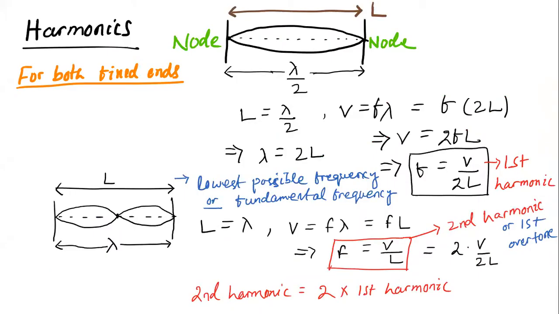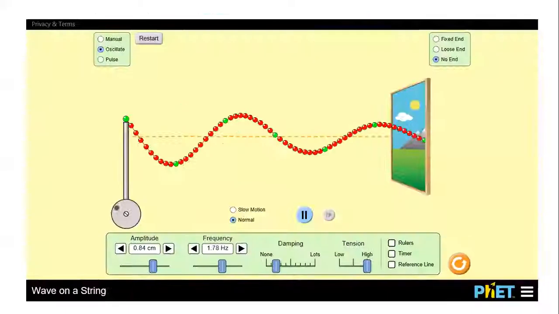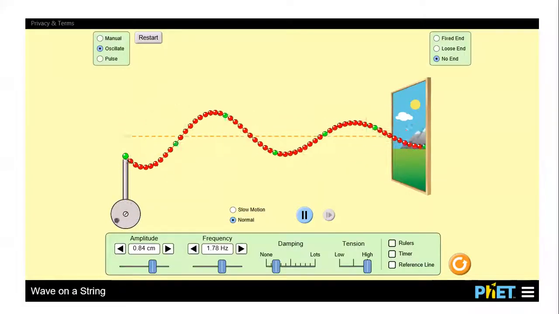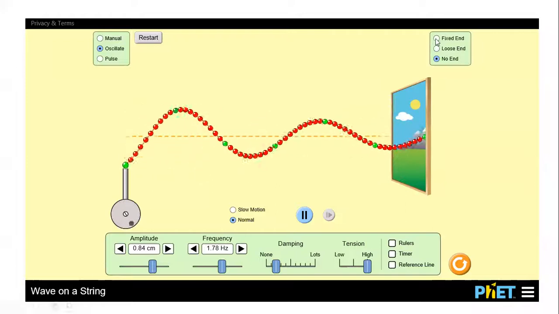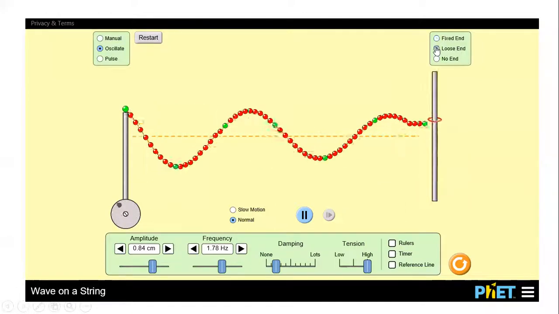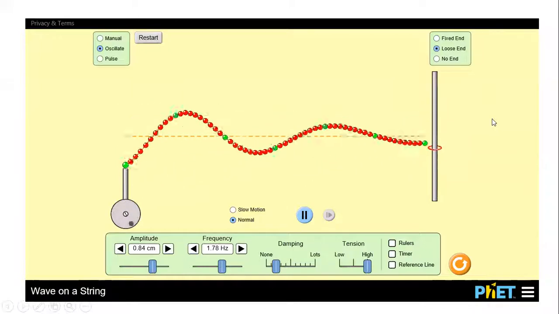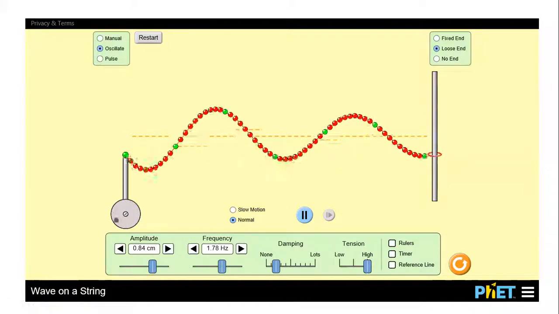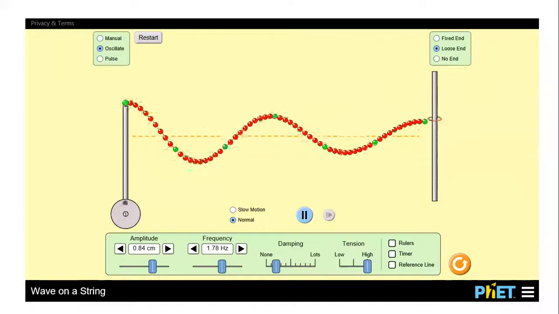Once this is done, we can talk about harmonics in the next class. Here we discussed fixed end and loose end, and what will happen in each. We will consider different situations with two fixed ends, and one fixed and one loose end.